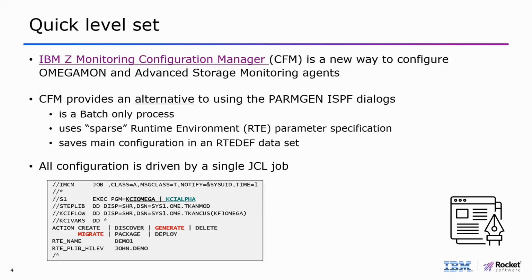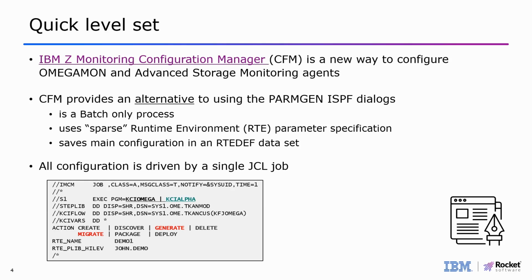So at the end, all your configuration is stored in mainly one data set, which we call the RTE def data set. On the lower part of the screen, you see the main JCL that drives all the Config Manager actions, and you see the actions listed in this action verb here. There is create, discover, generate, delete actions, which make up the main life cycle of an RTE.